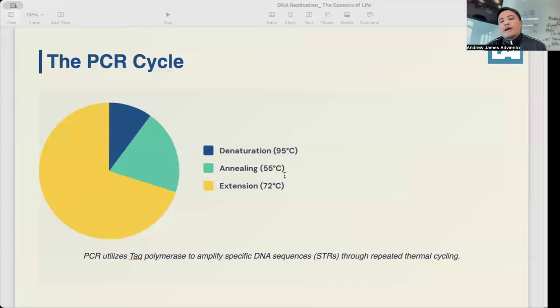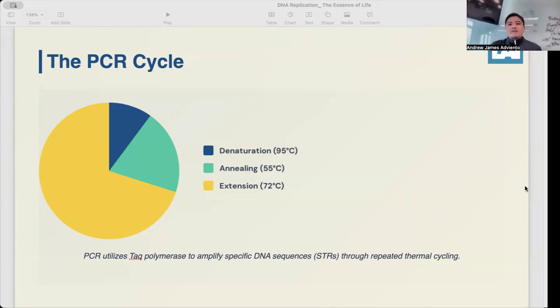Instead of helicase, we use heat, that is 95 degrees Celsius, to separate the strands. We use a special heat-stable enzyme called Taq polymerase to build millions of copies of specific DNA segments, usually short tandem repeats, commonly called STRs.